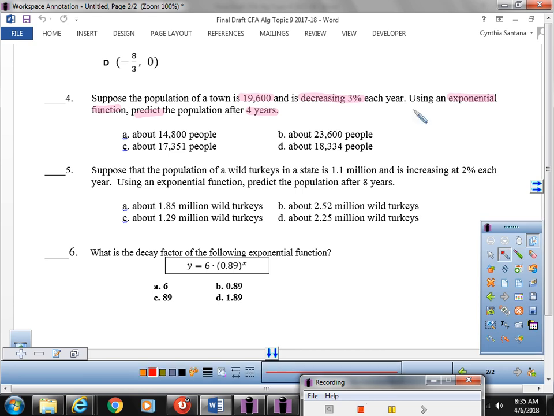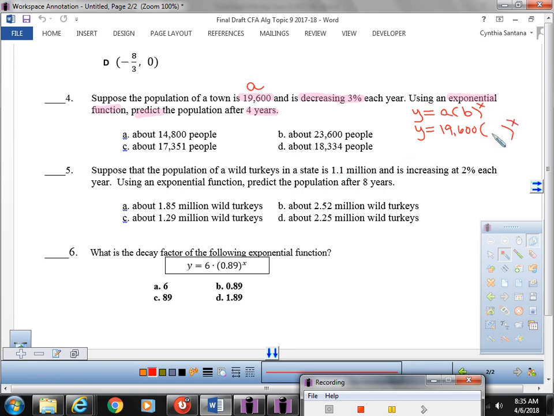So again, these are the ones where you're going to have to set up your own exponential function, but they're not as difficult as you think. The starting amount is your A, so that number is going to be your A, so 19,600. I think everybody knows that that's your A, but it's the B that you're having the most difficulty with.